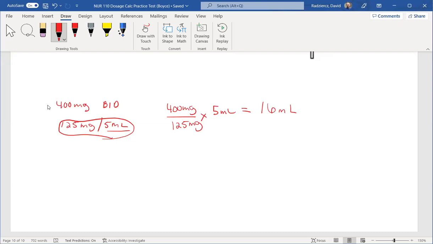And then I guess the short answer to your original question is, how do you know what you're going to give them? If it's an oral medication, it has to be administered via a tablet, a capsule, a caplet, or milliliters.